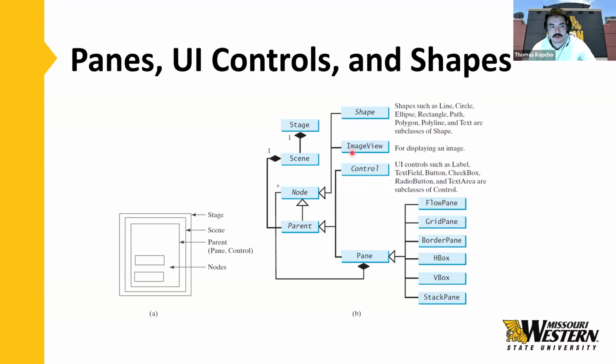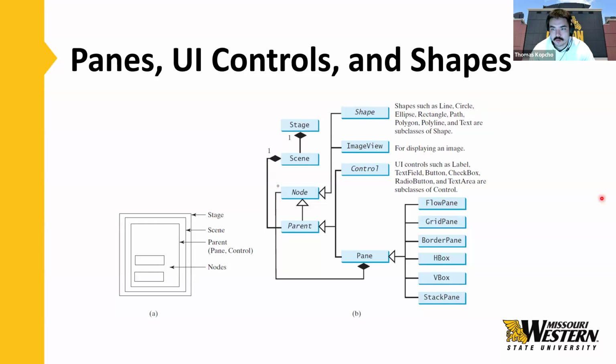Okay, we have some shapes. We'll talk about them a little bit. You can draw lines, circles, ellipses, rectangles, polygons, polylines, whatever. And ImageView for displaying an image, which we'll get into, and yeah.